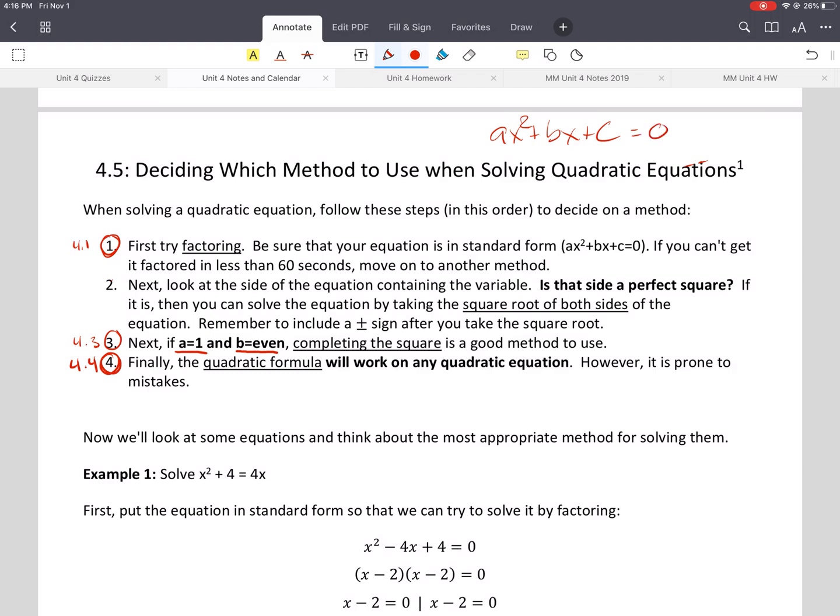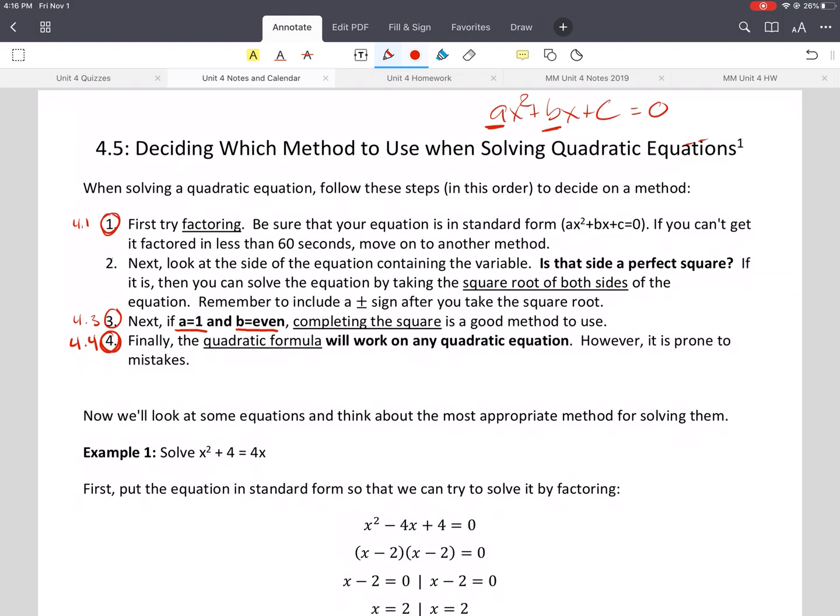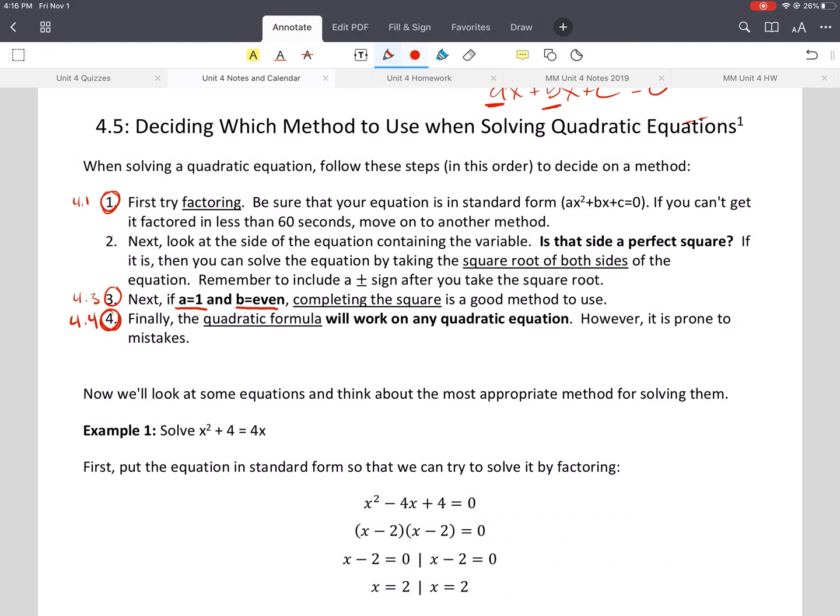That's what we're talking about when we say a, b, and c. Sorry, it deleted everything. So if a is 1 and b is even, then completing the square would be a good choice. But if not, then the quadratic formula would be your last choice.